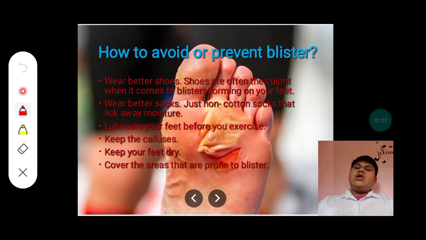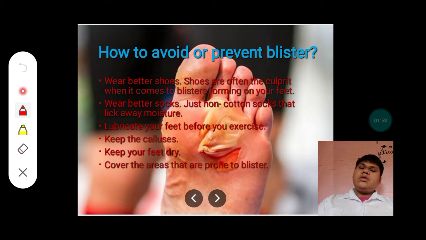Number 3, lubricate your feet before you exercise. Number 4, keep calluses safe. Number 5, keep your feet dry. And last, cover the areas that are prone to blisters. So that is how to avoid or prevent blisters.